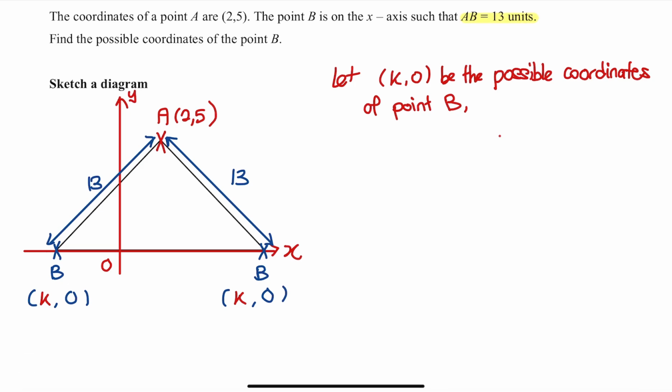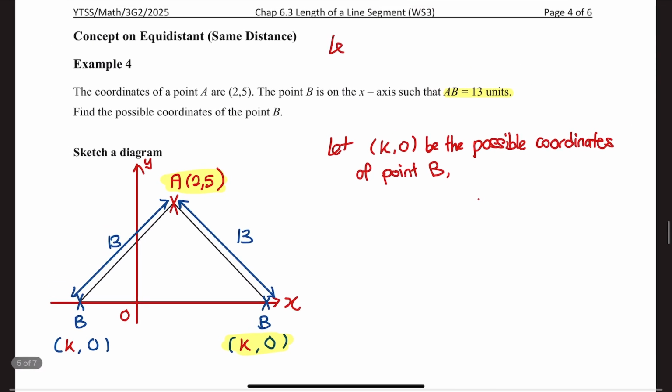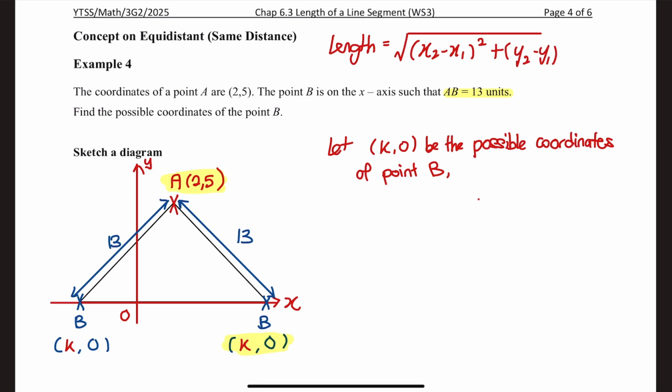So over here, I know the coordinates of A, which is this. I know the coordinates of B, which is this. By applying the length formula, I write the length formula again. Length formula is given by, to find length of any line segment, it is always square root of x2 minus x1 square plus y2 minus y1 square.